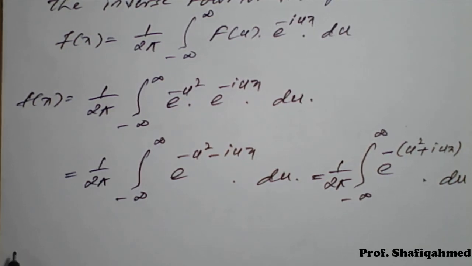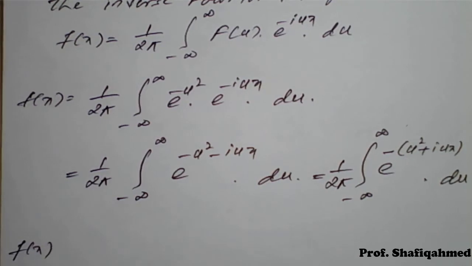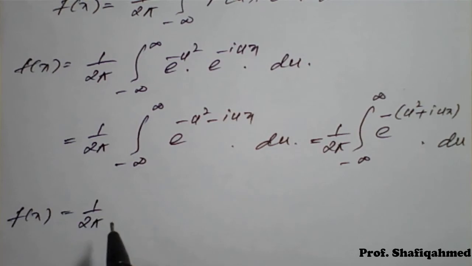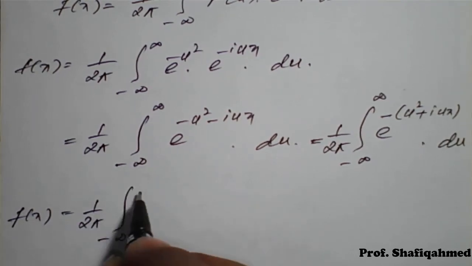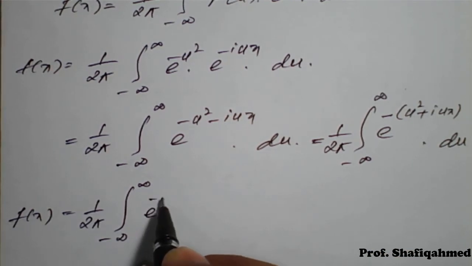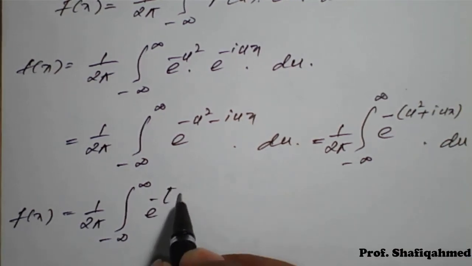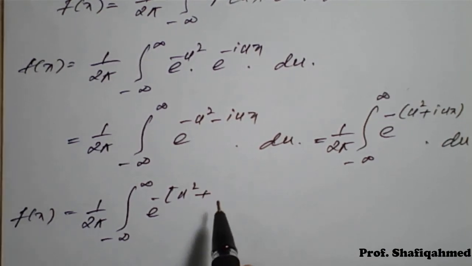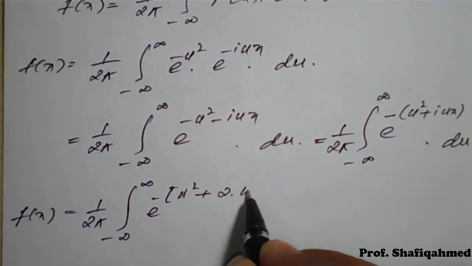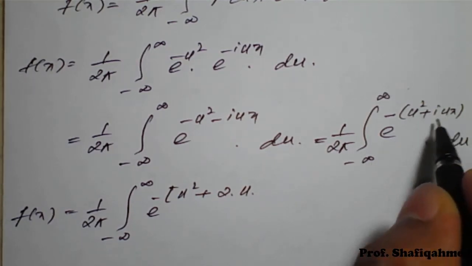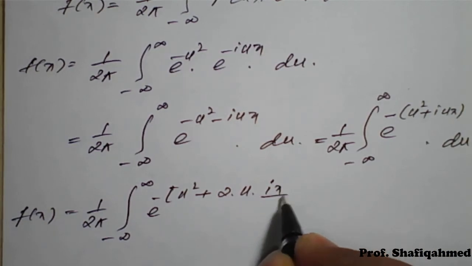So how to write, we'll see here. f of x is equal to 1 upon 2 pi integration minus infinity to plus infinity e raised to minus, u square plus 2ab, a square plus 2ab plus b square form, that is u square plus 2 into u into, we need to manipulate, 2 into u into i x upon 2.